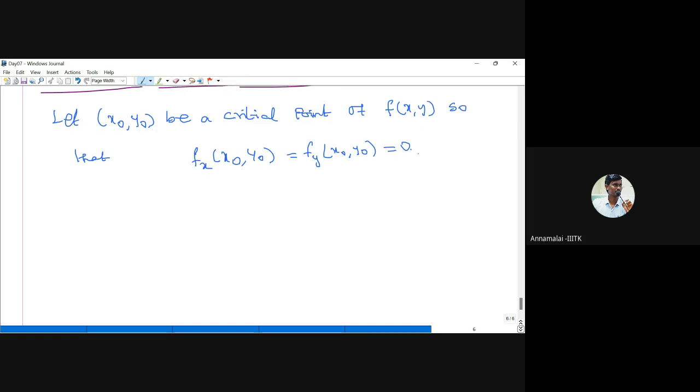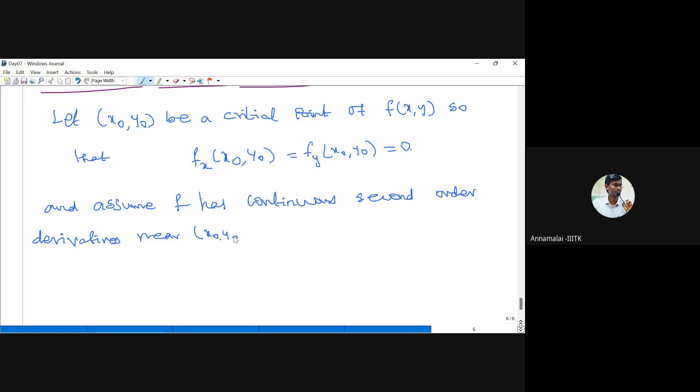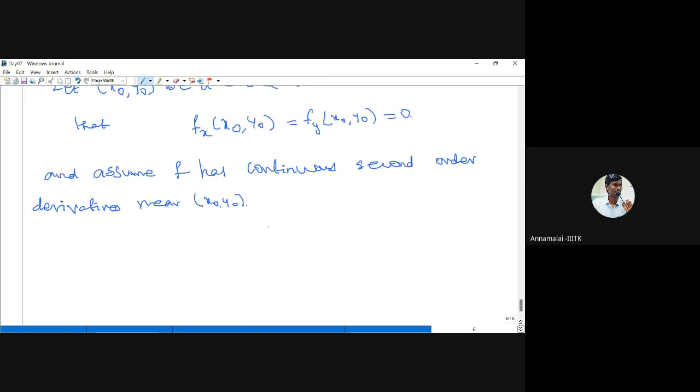Suppose we assume that this f has second partial derivatives that exist, and they should be continuous, near the point x naught comma y naught. Okay, assume this condition. Now we have some matrix H.